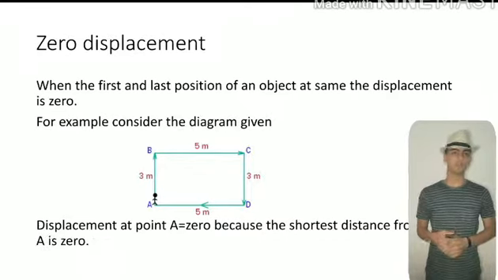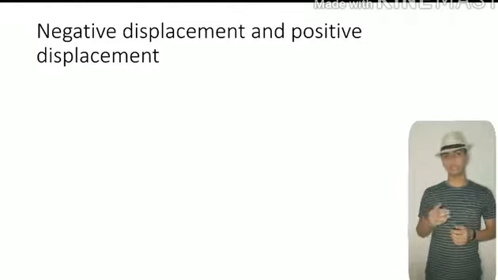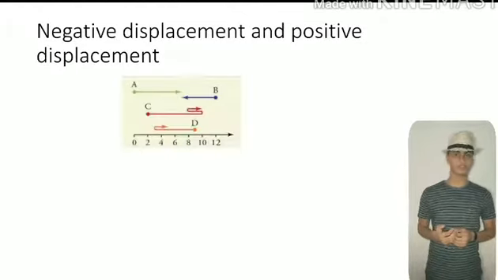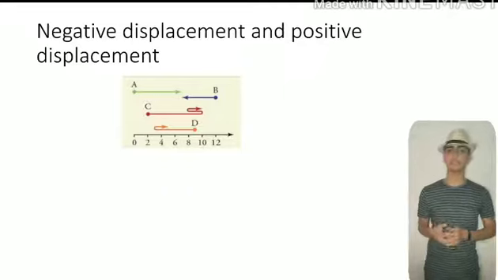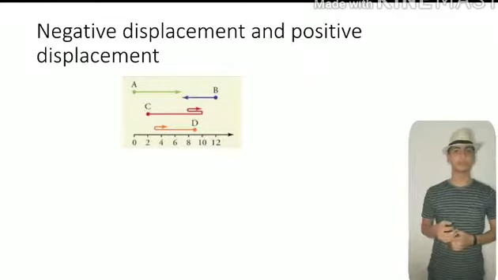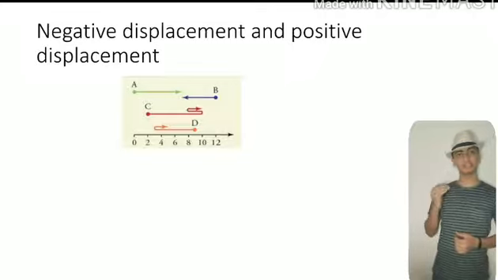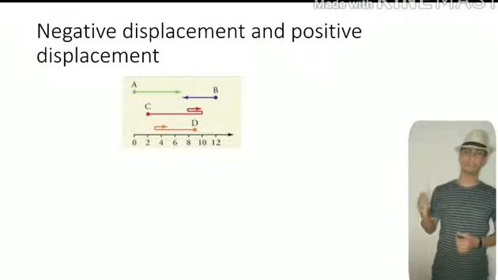Knowing about positive displacement and negative displacement, the displacement made in the negative direction is called negative displacement, and the displacement made in the positive direction is called positive displacement. This can be illustrated by an example. Suppose the points are in kilometers from 0 to 12 kilometers.